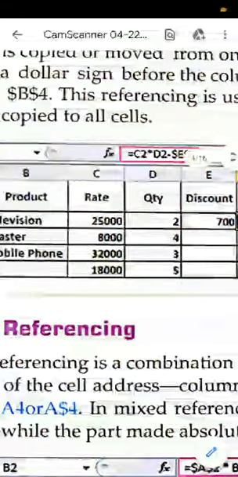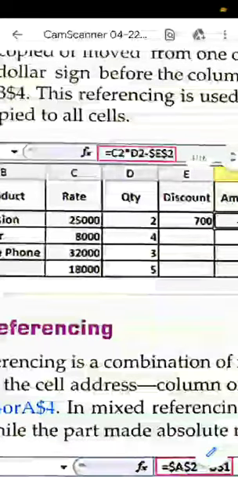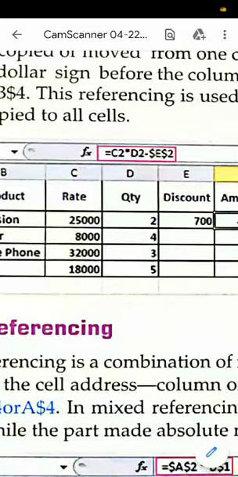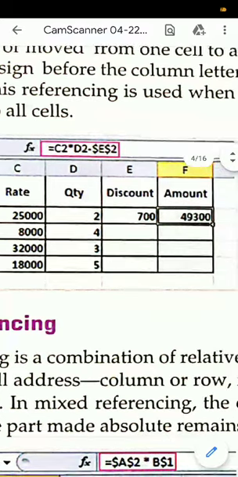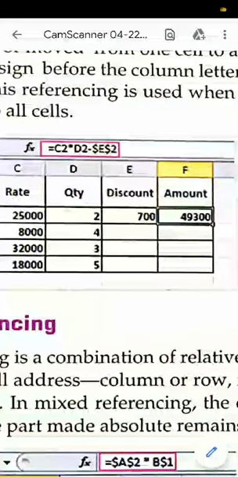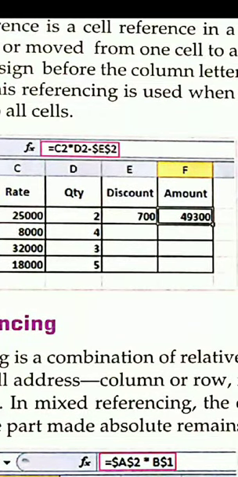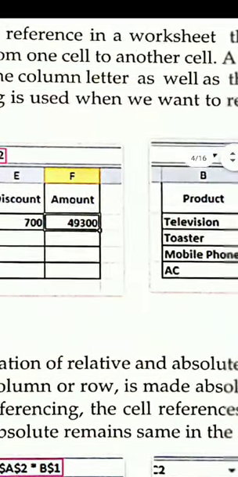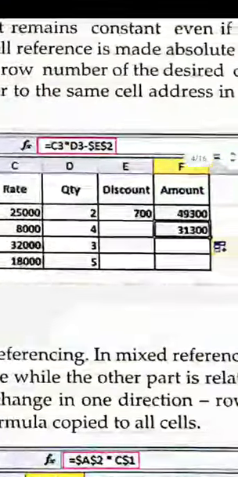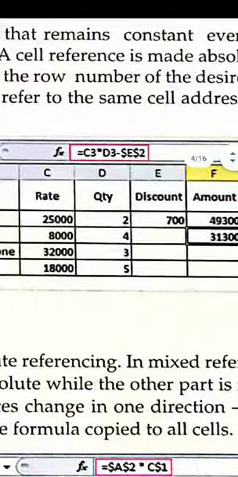So if you see here, C2 into D2 means 25,000 into 2, that is 50,000, minus 700, that will be 49,300. If you see the other one, take this one.